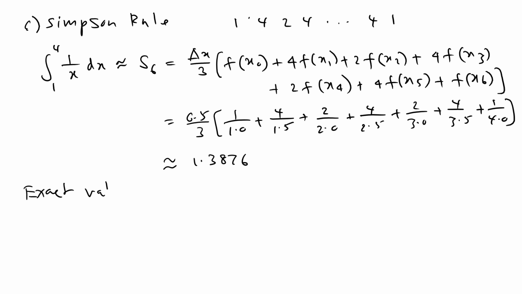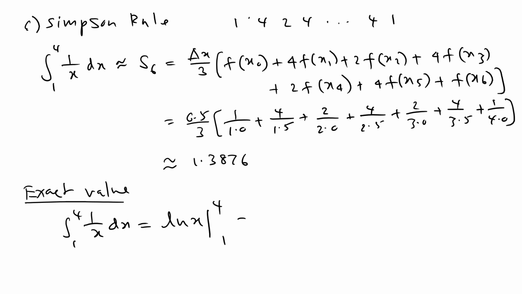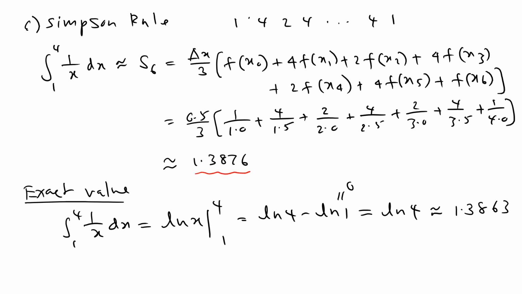The exact value is the integral from 1 to 4 of 1 over x dx, which is very easy to integrate. This is natural log of x from 1 to 4, which is ln 4 minus ln 1. ln 1 is 0, so it is ln 4. Roughly this is equal to 1.3863, and you can see that the Simpson rule value matched very well.